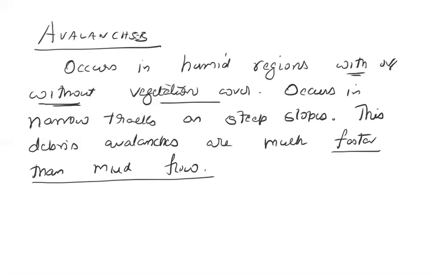So we should not forget the human dimension, the human angle, of answering the questions. Avalanches happen where there are no human settlements. Mud flow happens where human settlements cut down the trees, and this will enhance the mud flow activities. Those are interrelated.